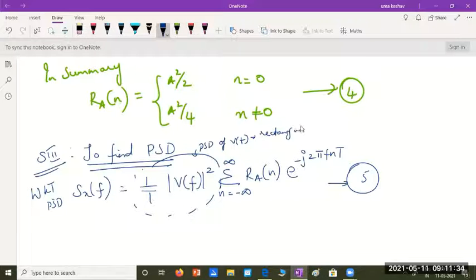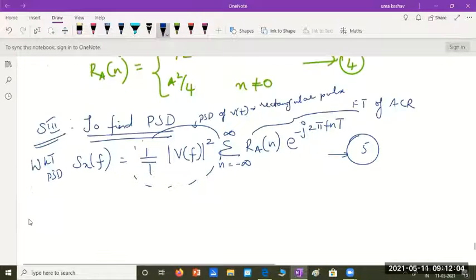The next one represents the Fourier transform of the autocorrelation function. We know that the autocorrelation function and power spectral density are Fourier transform pairs. So let us substitute the values.